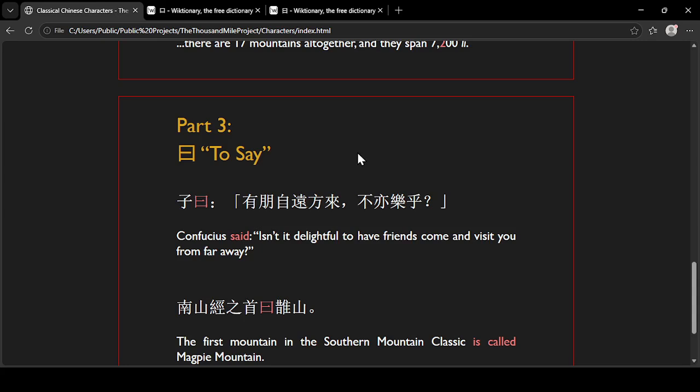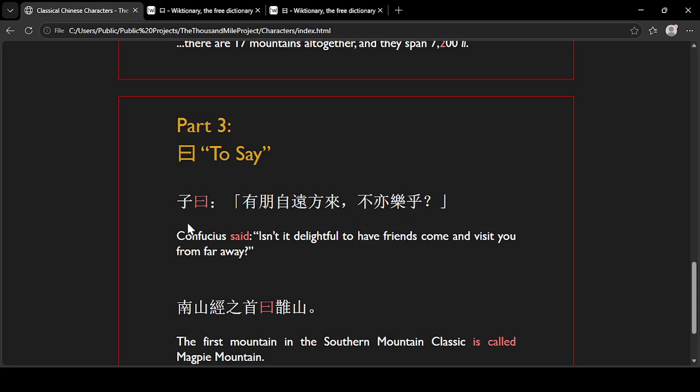I was actually looking the other day at a PDF from the 1600s, and it was a copy of the Classic of Mountains and Seas, and it's very interesting to see how there's no punctuation marks. So, because they didn't have punctuation marks, characters sort of played that same role. So this particular character acts kind of like a question mark does in English.